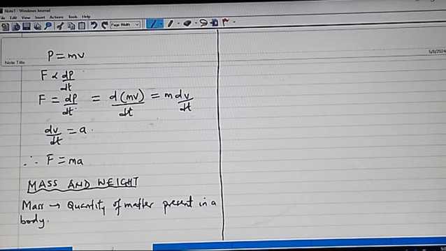The weight is quite different from the mass in the sense that the weight of a body is the force exerted on the body by the earth.